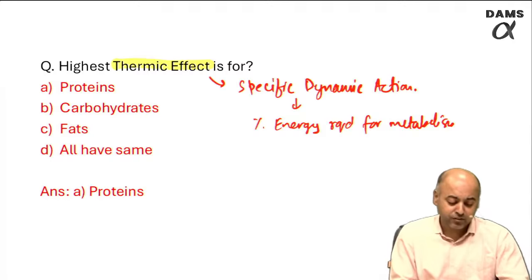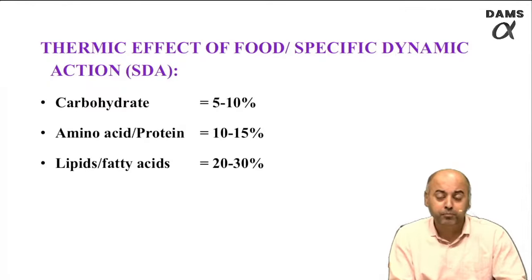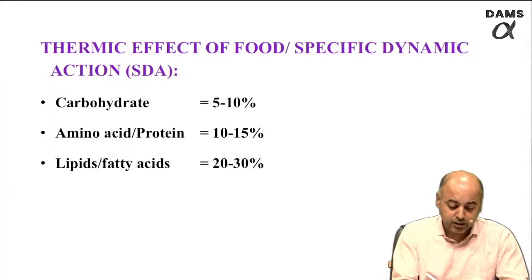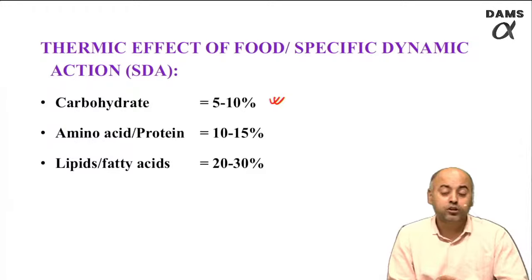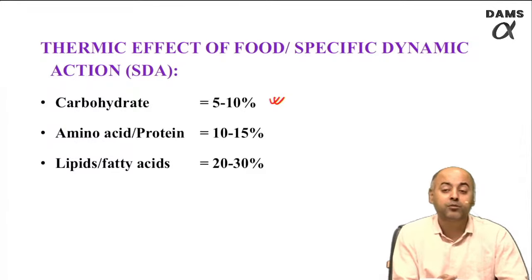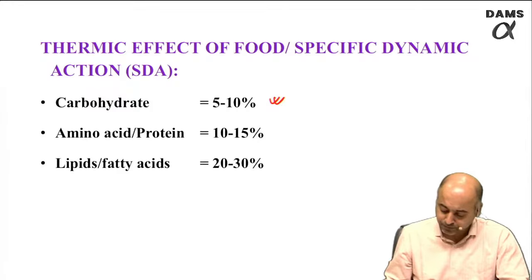So we have very simple percentage values for each of these, which you have to keep in mind. For carbohydrates, the energy required is lowest. They are very easy to digest, and the amount of energy required is 5 to 10% of their own calorific value.